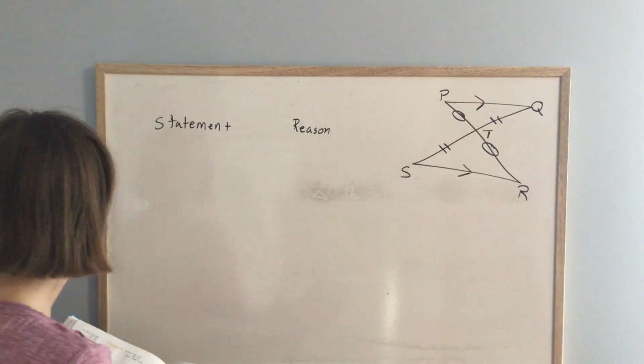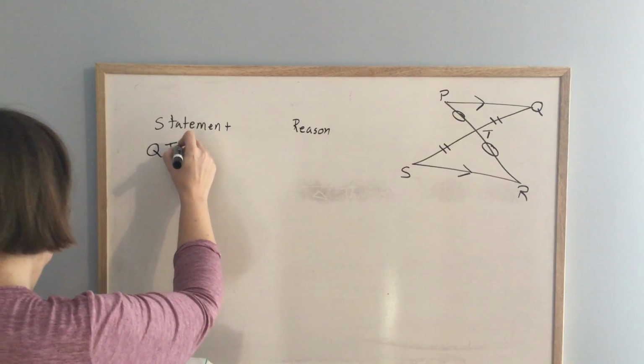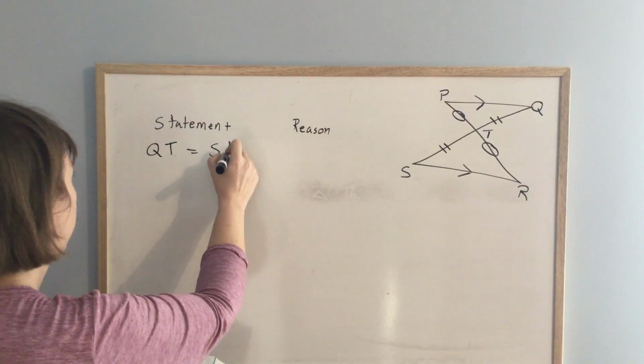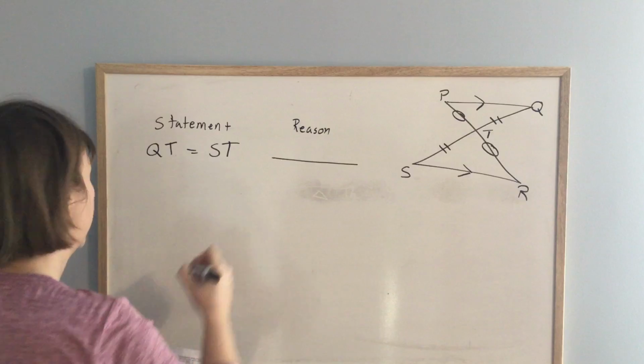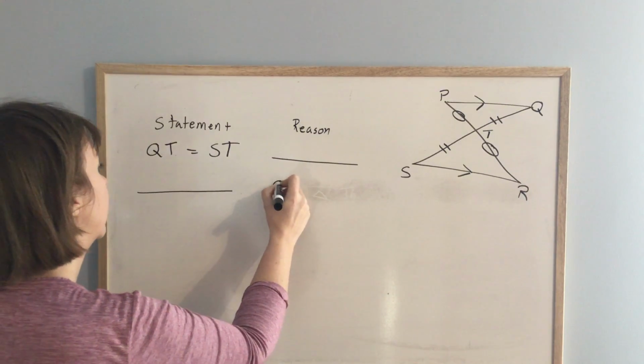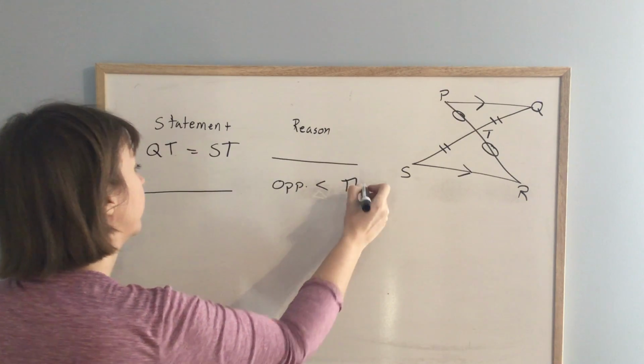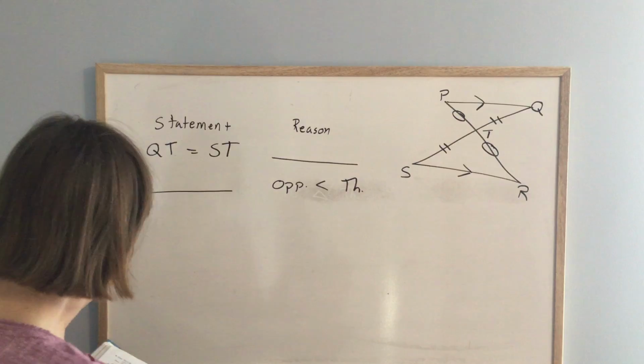And so they say, first off, QT is equal to ST, and they want a reason. And then they give this, and they say opposite angle theorem. I'm too lazy to write out all the words.